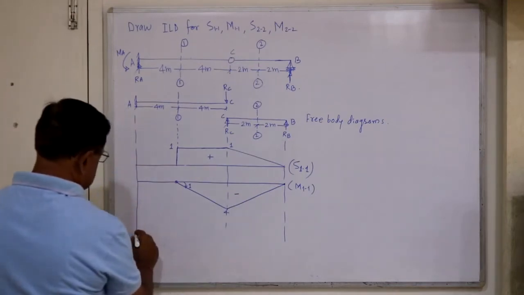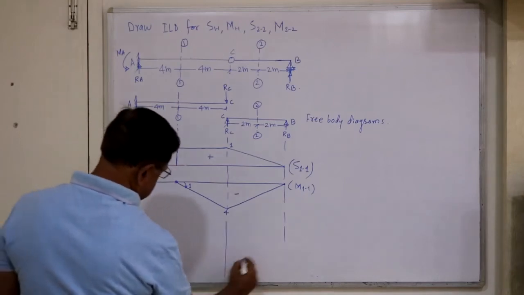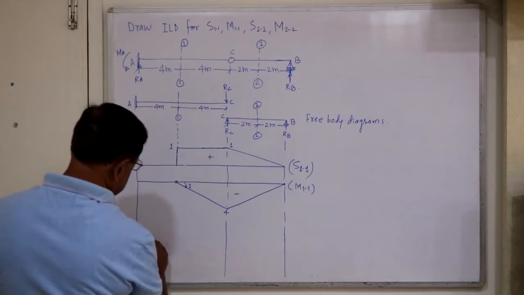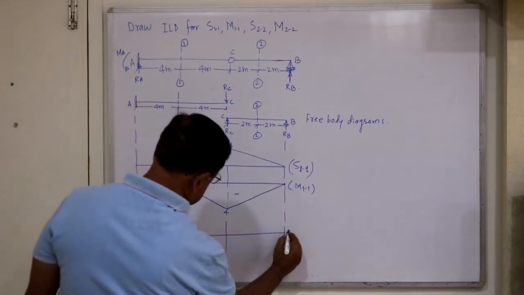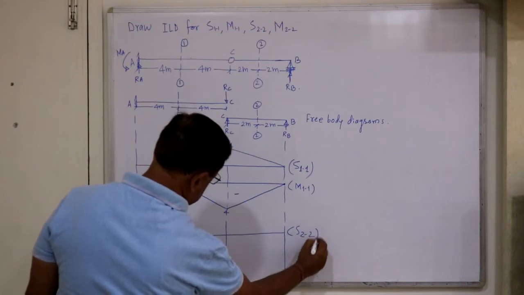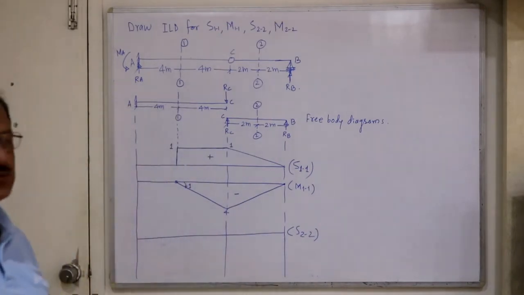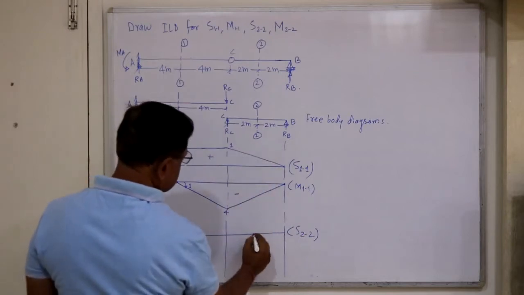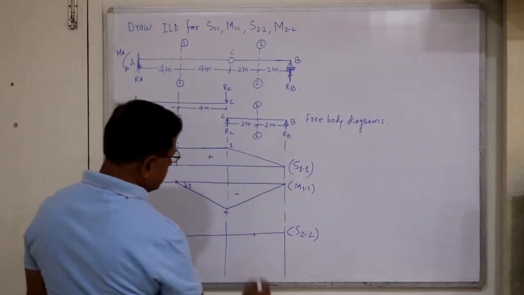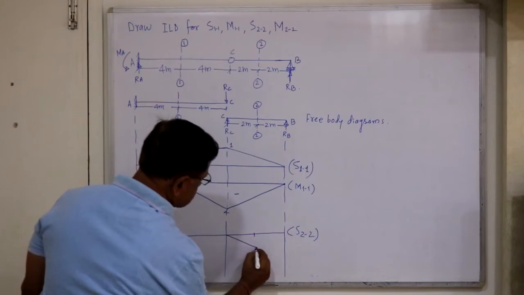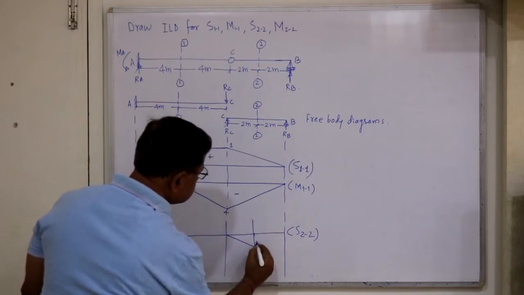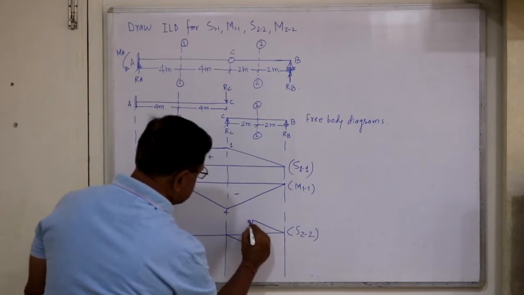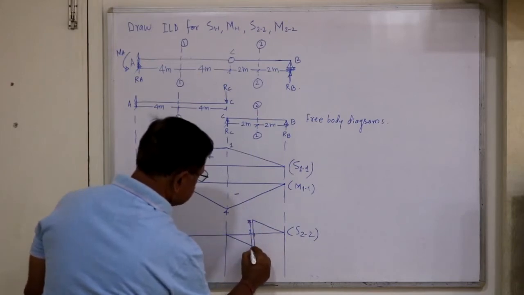Next, let's come to section 22. Say S22, shear force at section 22. Now the section 22 is within the simply supported portion, and the shear force ILD for a simply supported beam is like this, and the total displacement is 1.